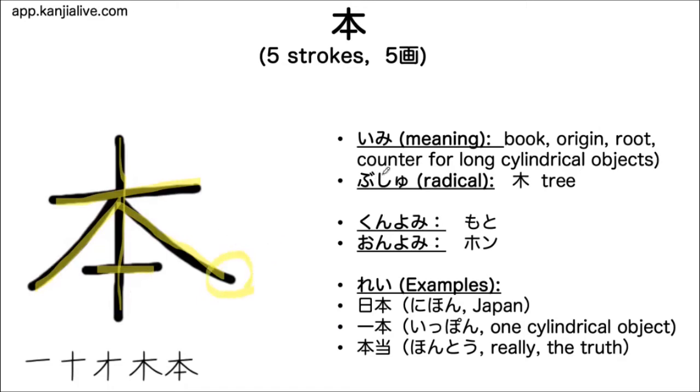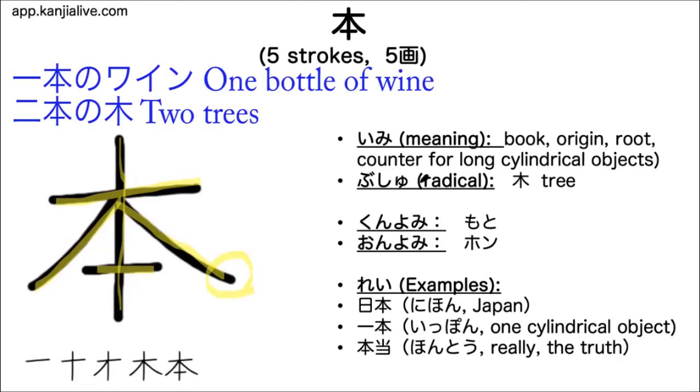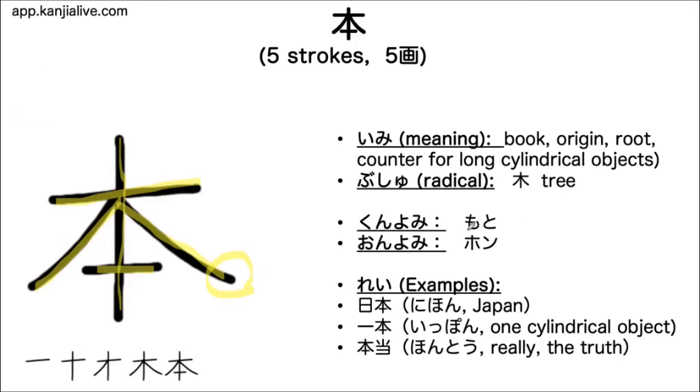The meaning of it is book, origin, root, or this is very important. This is one of the Japanese counters for long cylindrical objects such as wine or tree. For example, 一本の wine, one wine. Or you can say 二本の木, two trees. And then kunyomi is moto. Onyomi, Chinese reading, is hon.